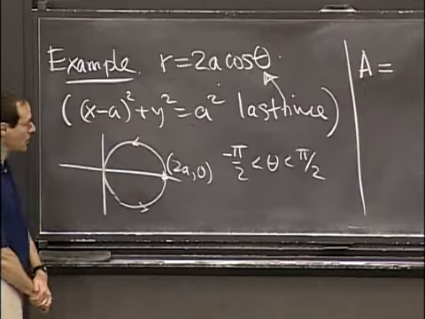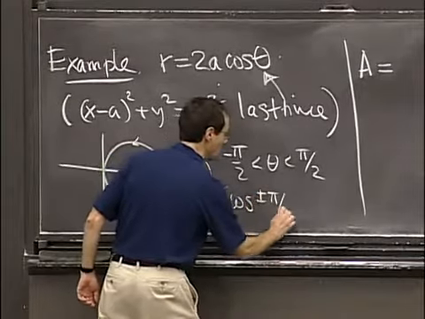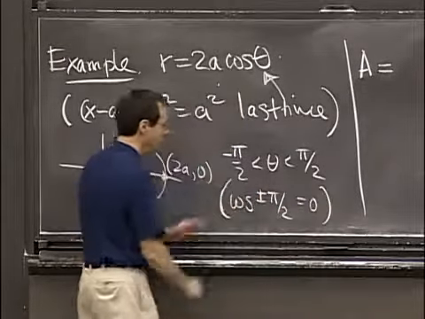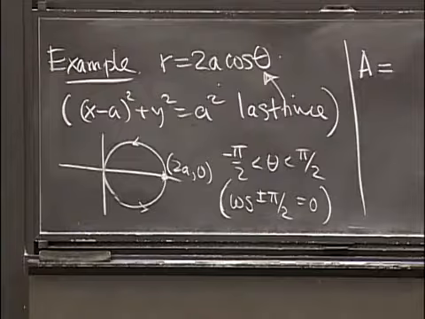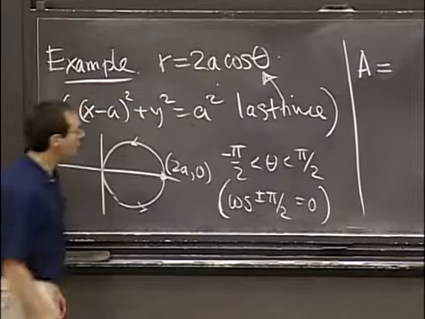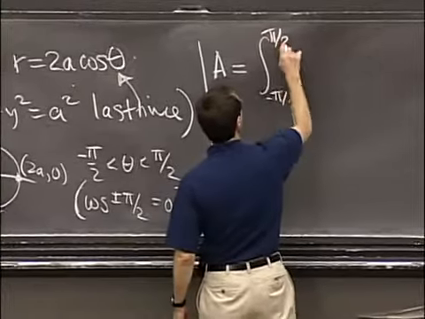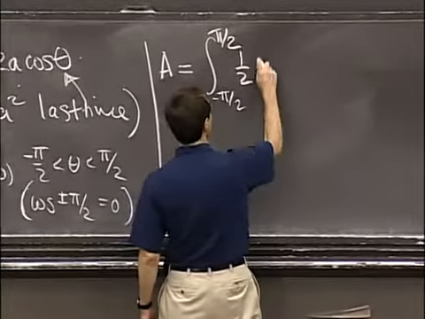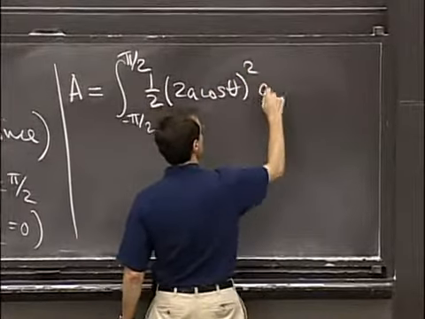At the ends, cosine of plus or minus pi over 2 is equal to 0. That's what cinches this up like a little sack, if you like. All right, so the area is now going to be the integral from minus pi over 2 to pi over 2 of 1/2 times the square of r, that's (2a cosine theta) squared d theta.